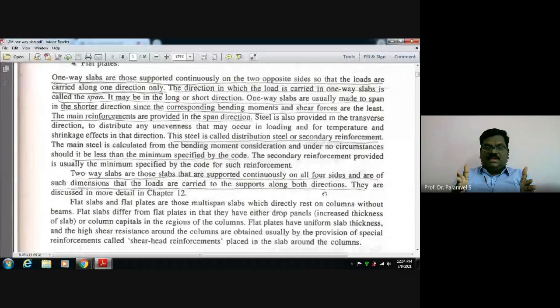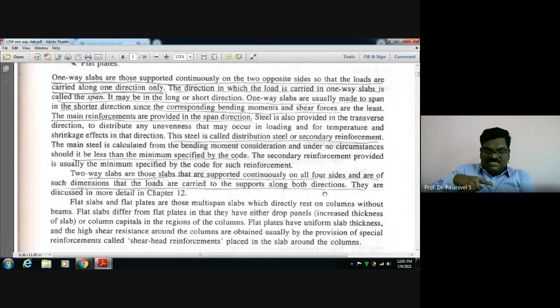I already told you, the ratio of long span to short span is less than 2. Now, we categorize it as a two-way slab, in which the bending action will be considerably more in both directions. In the short span direction it will be predominant. In the long span direction also, it will be comparatively predominant.